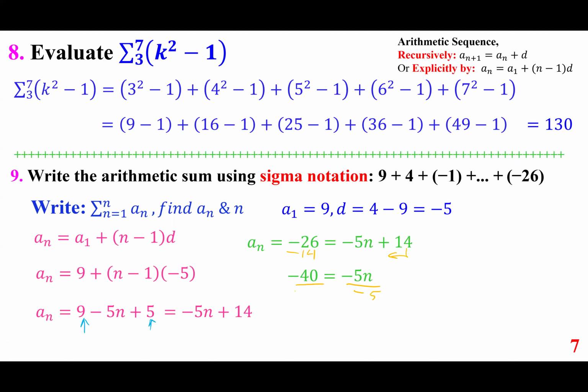Divide by -5, and n becomes 8. By the way, n has to be a positive number. If not, we have made a mistake somewhere. I can't emphasize this enough, okay? And that's the final answer. Notice we have this number, we have this.